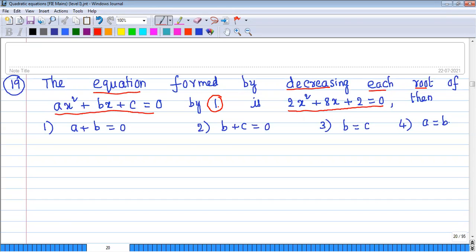So that means if you say alpha, beta are the roots of ax square plus bx plus c is equal to 0, then obviously the roots of 2x square plus 8x plus 2 is equal to 0 become alpha minus 1 and beta minus 1. That's all. With the help of that, we need to establish the relation between the coefficients of the first equation a, b, c. So let us try to solve this question.